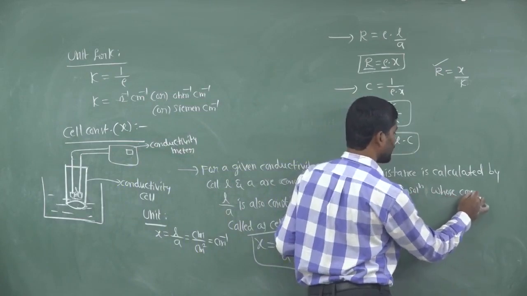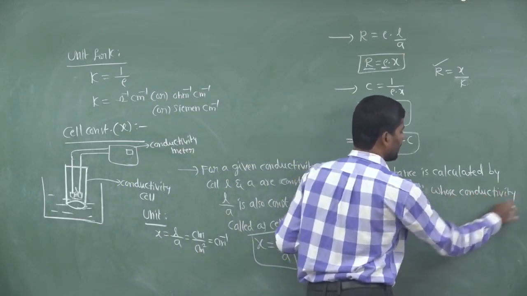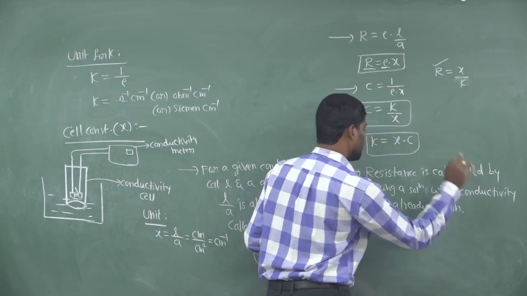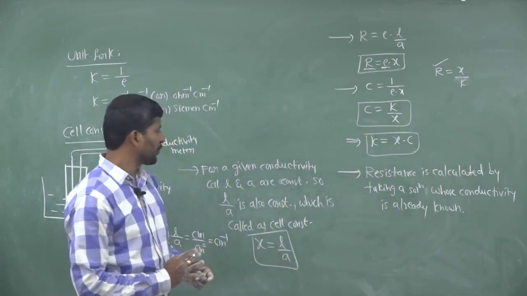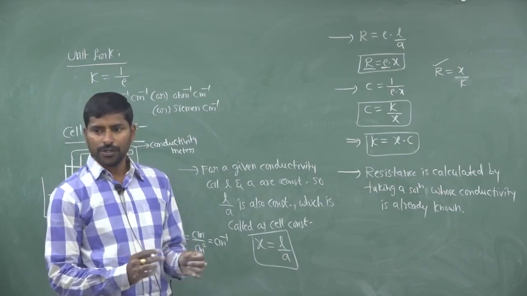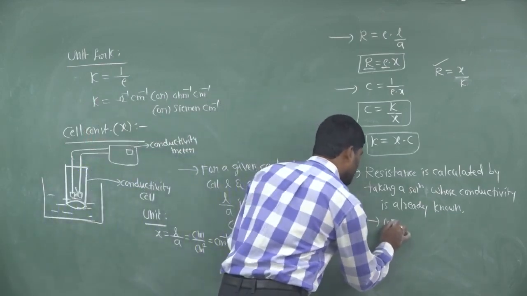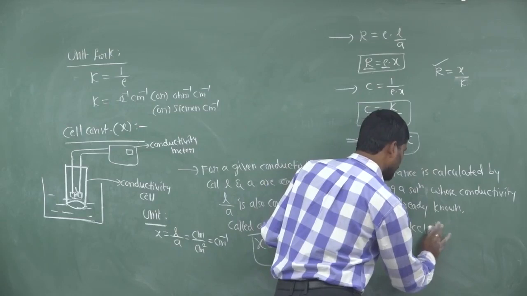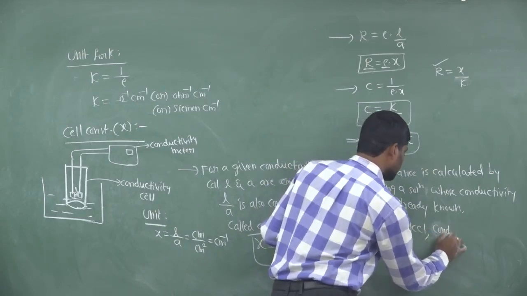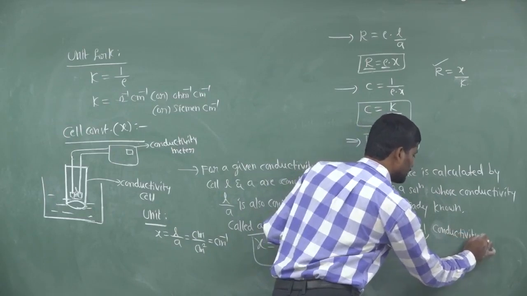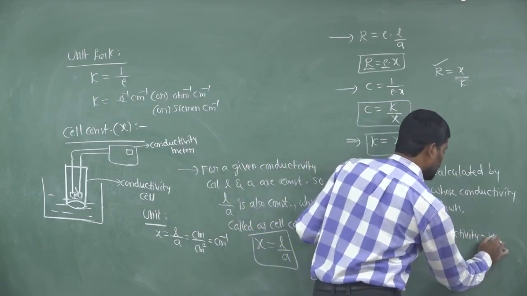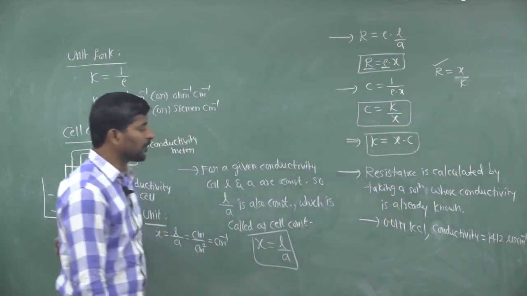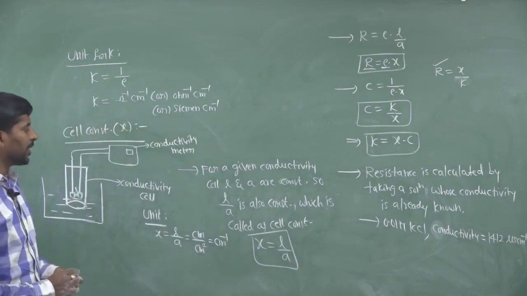We use 0.01 M KCl solution, whose conductivity value is around 1412 microsiemens per centimeter.